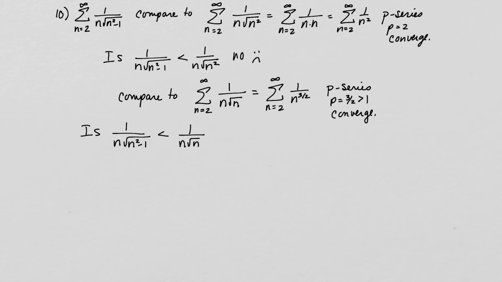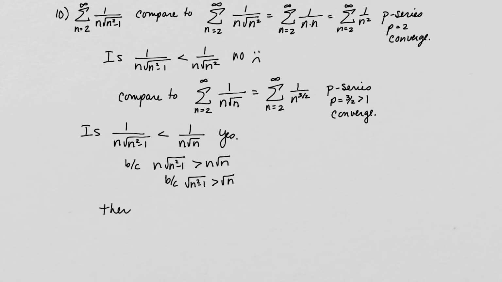But here we can also say that if I look at the bottoms, n is the same as n, and the square root of n squared minus 1 is going to be bigger than the square root of n, because I'm squaring the n. So yes, this is true, because n square root of n squared minus 1 is bigger than n square root of n.